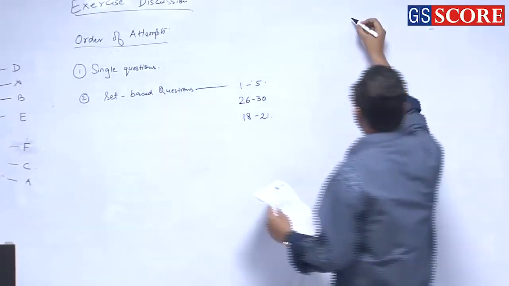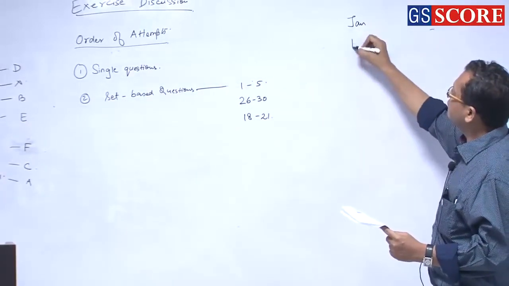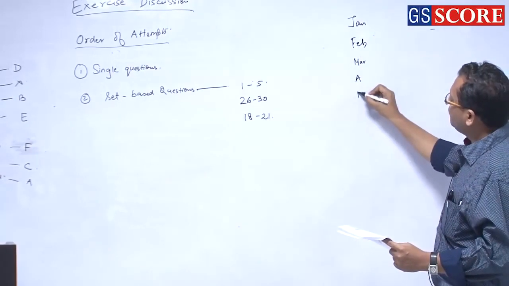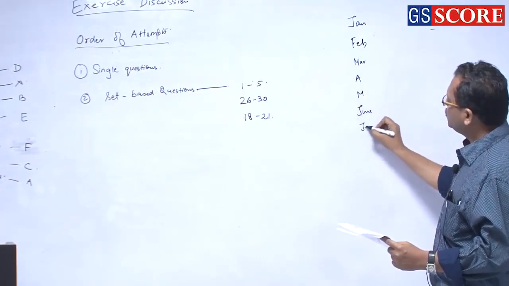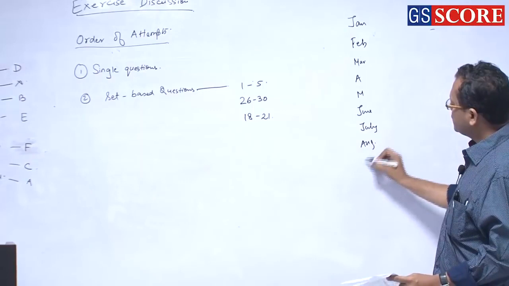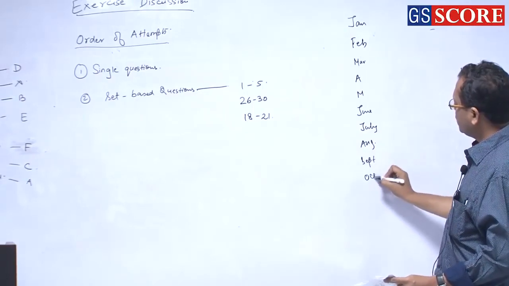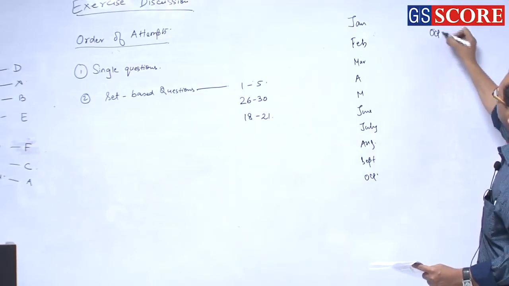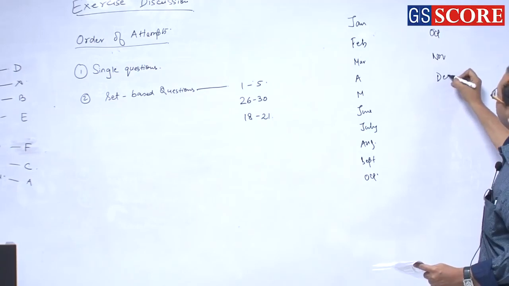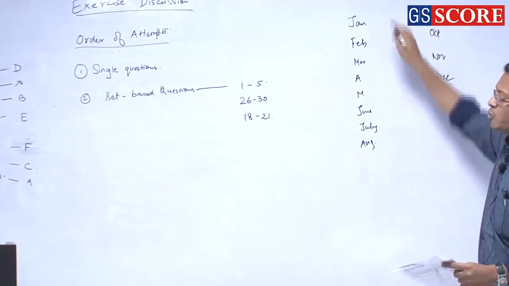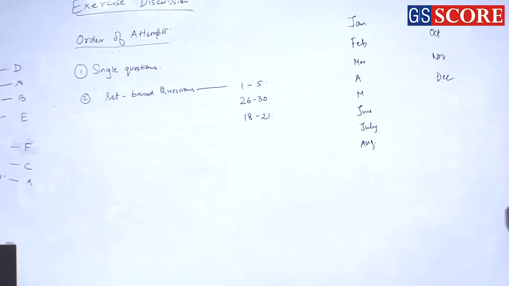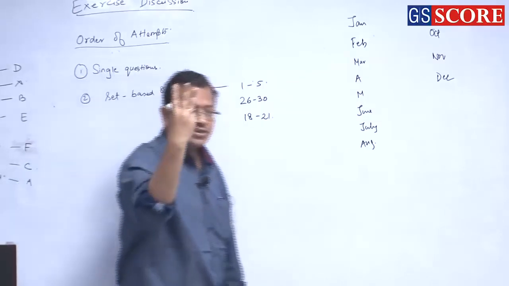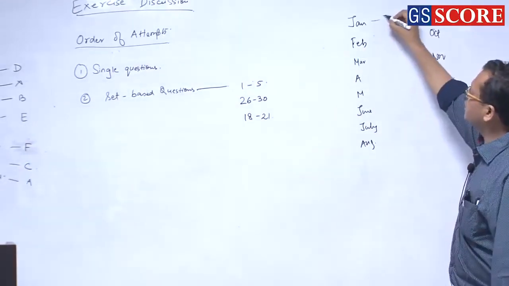If you write the months starting from Jan, Feb, let me explain the concept fully: March, April, May, June, July, August, September, October, November and December. So Jan, how many days are there? 31. If you minus 28 days, which are the 4 weeks, how many days are left in Jan? 3. Those are the 3 odd days for Jan.